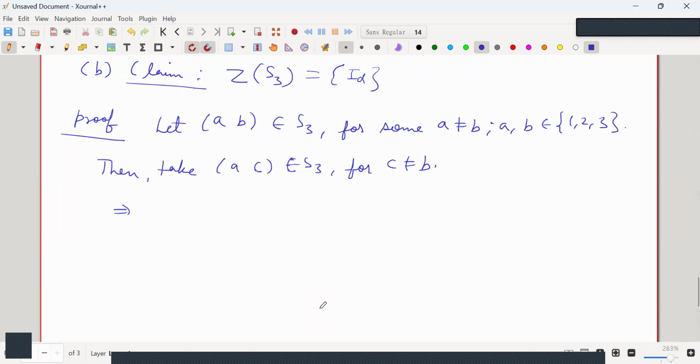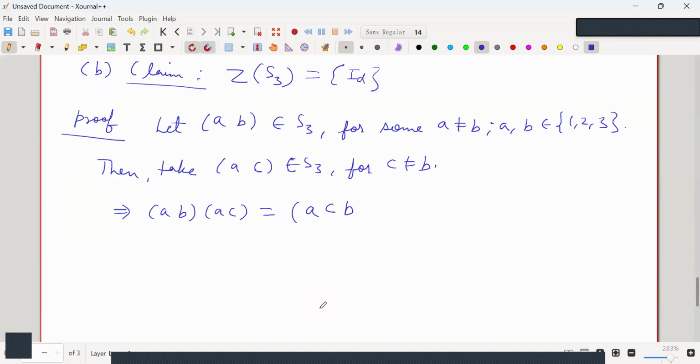Then this implies AB times AC is what? A going to C, C is not here, and then C is going to A, and A is going to B. So this will be (A C B).